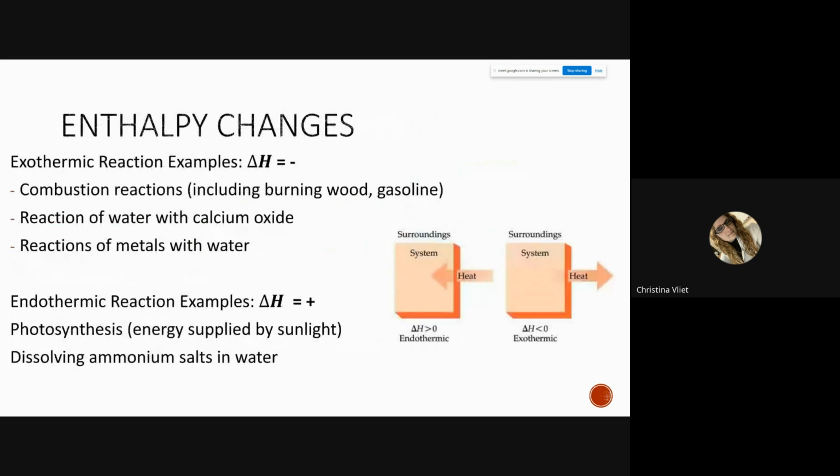All right, more info you have to know. The next thing, and I would commit this to memory. An exothermic reaction will always have a value of the change in enthalpy that is negative, meaning you're always going to get a negative number.